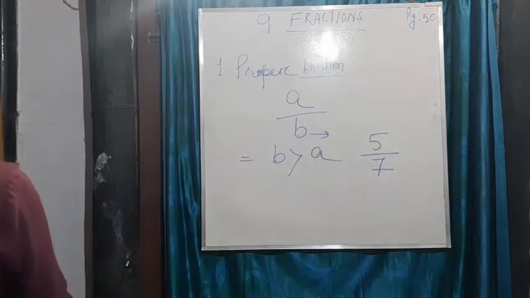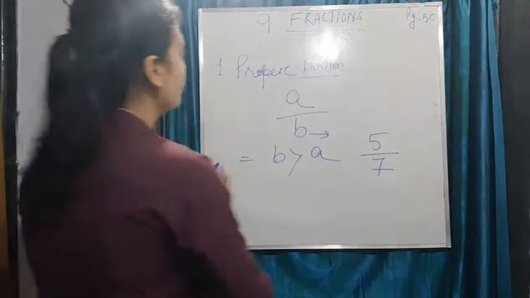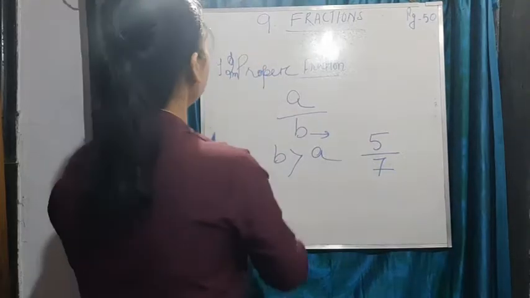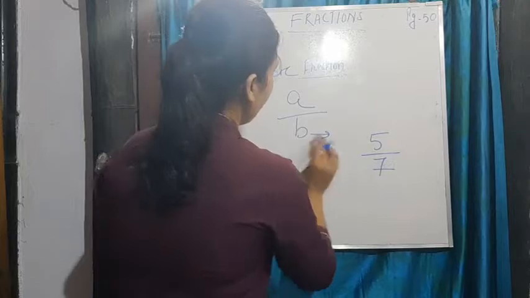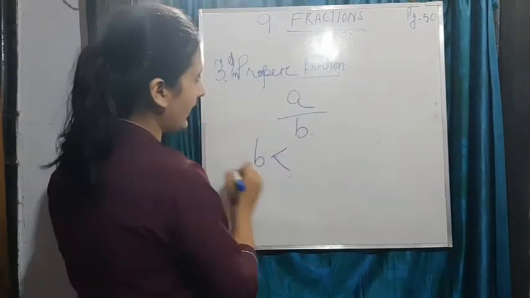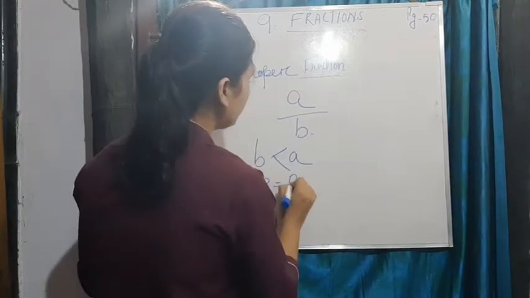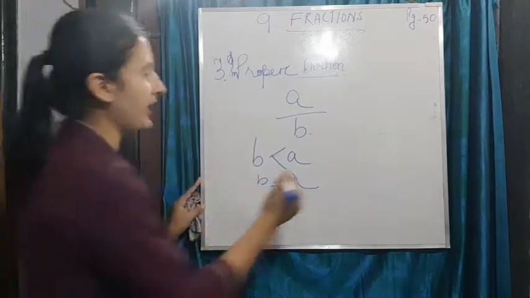Then the next one is improper fraction, the third one. In improper fraction, the denominator, that is b, is either smaller than a or equal to a. This is called your improper fraction.